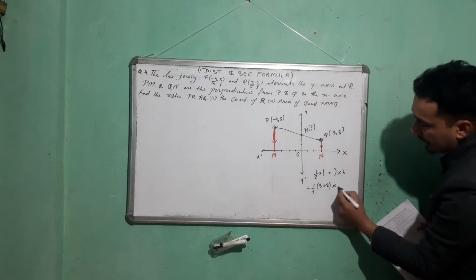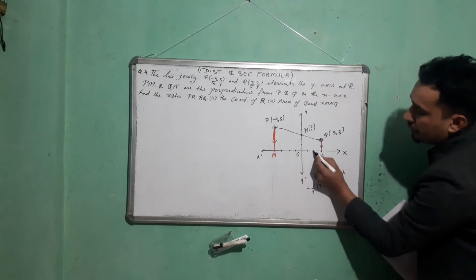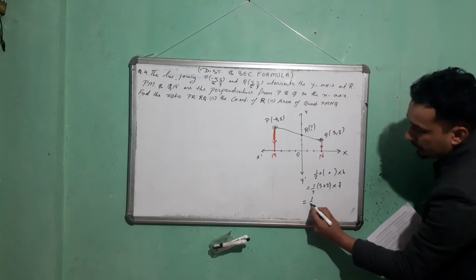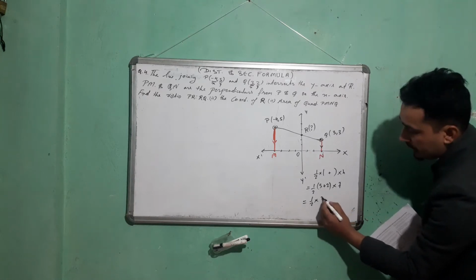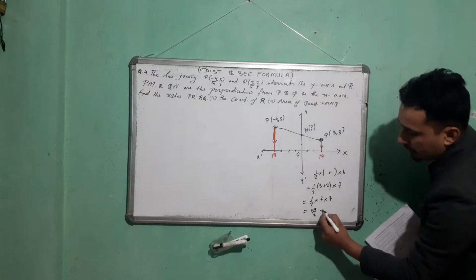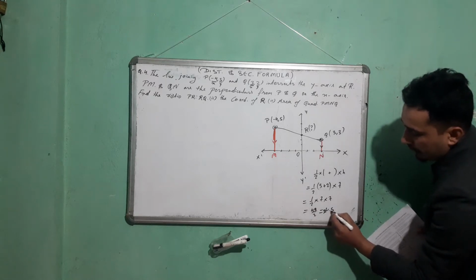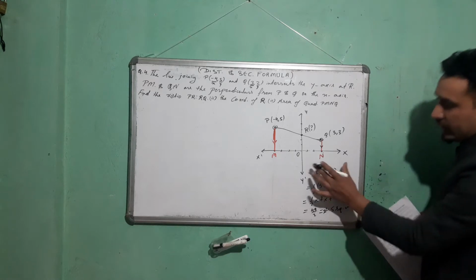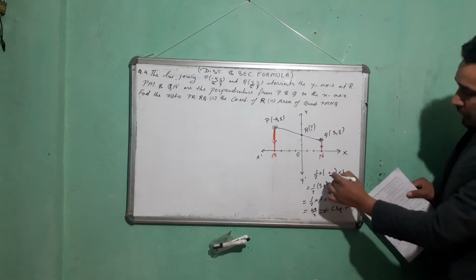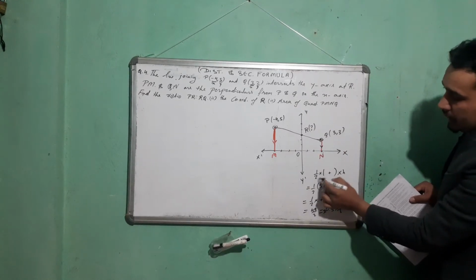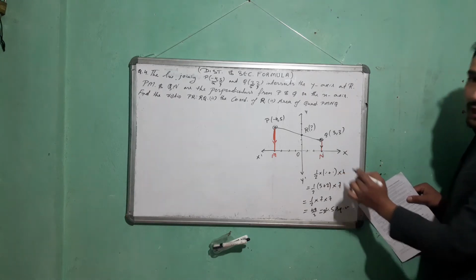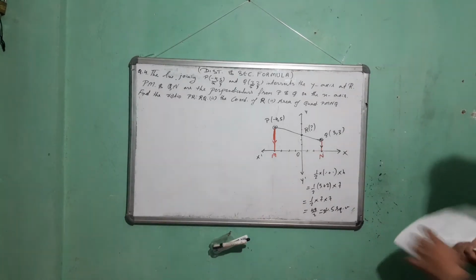The height is the distance from here to here: 1, 2, 3, 4, 5, 6 and 7. So half into (5 plus 2), which is 7, into 7. So 49 divided by 2 comes to 24.5 square units. If you know the formula for area, it will be easy: half into sum of parallel sides into height. So this I'll do later on.